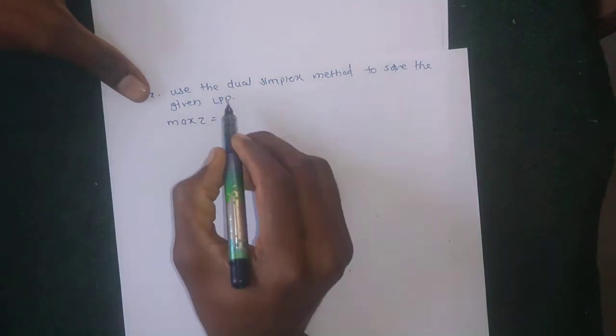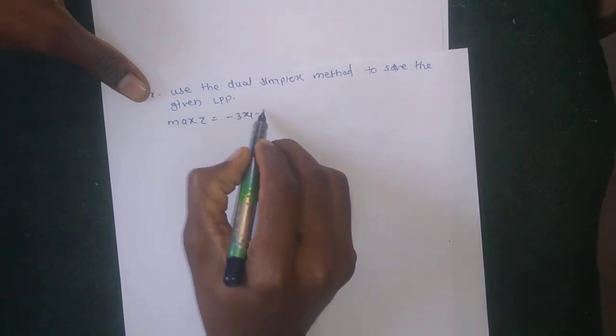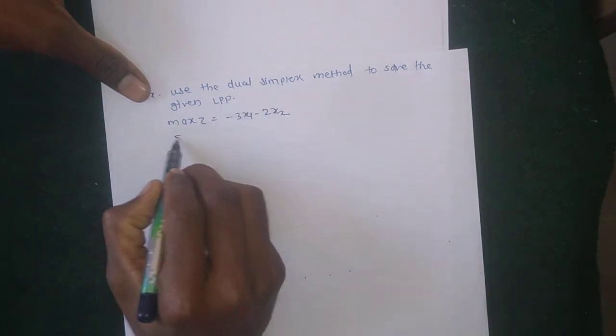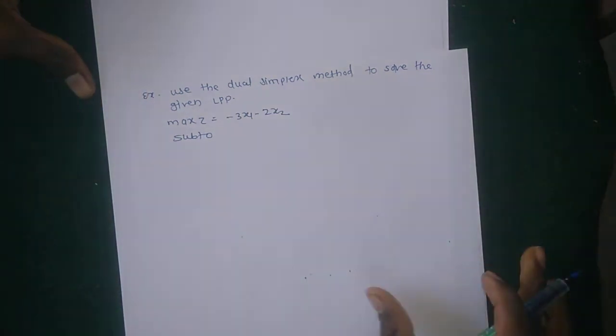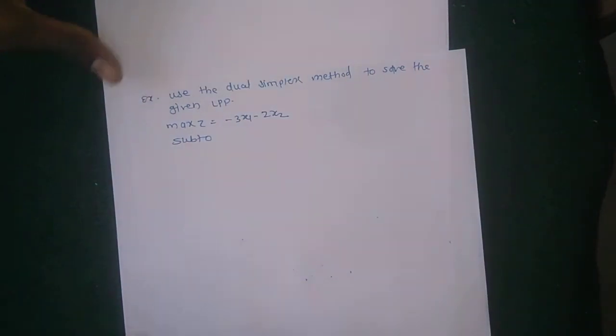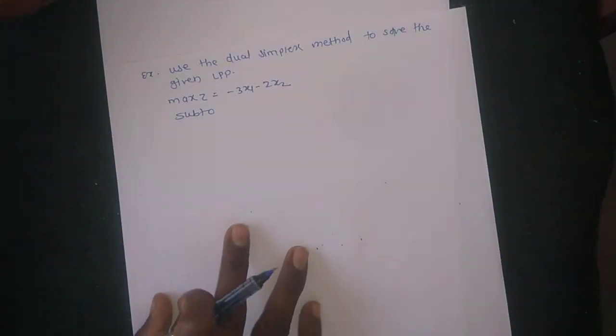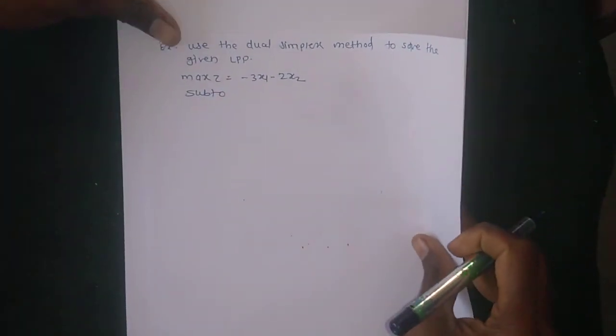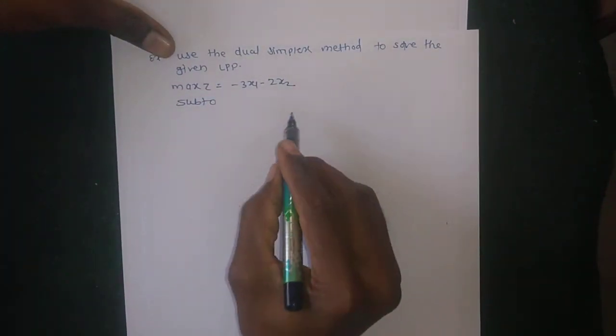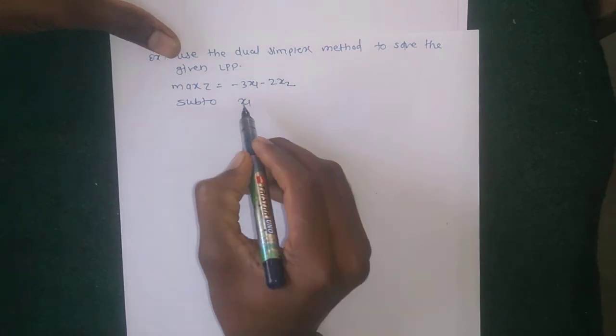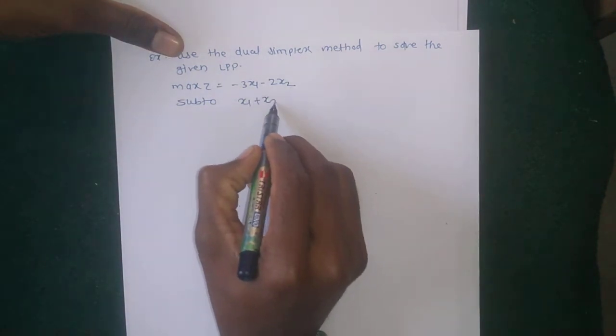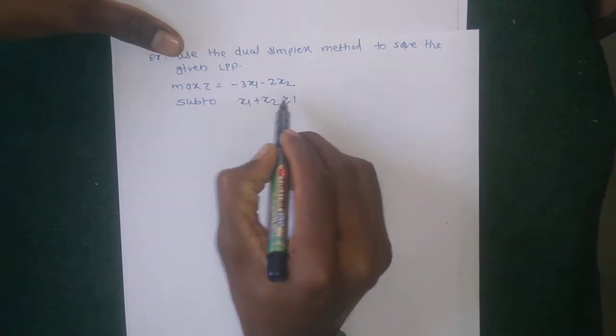Maximize z equal to minus 3x1 minus 2x2, subject to the constraints given here: minus x1 minus x2 is greater or equal 1.